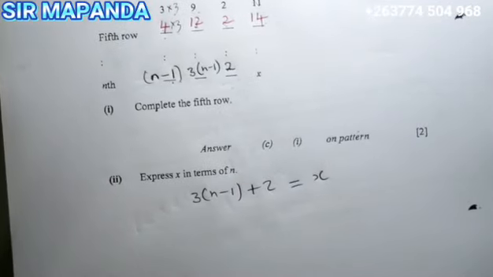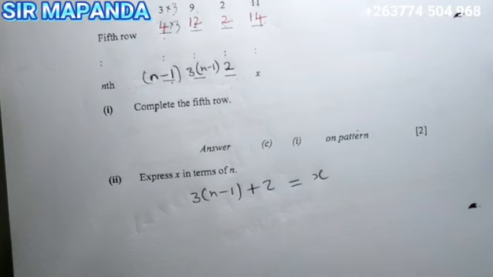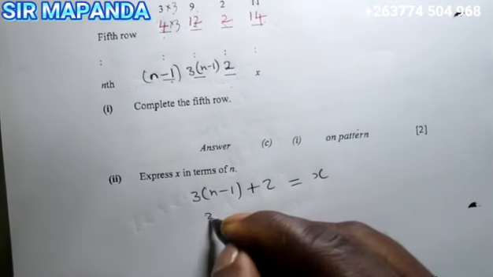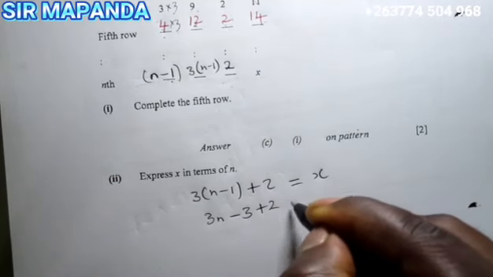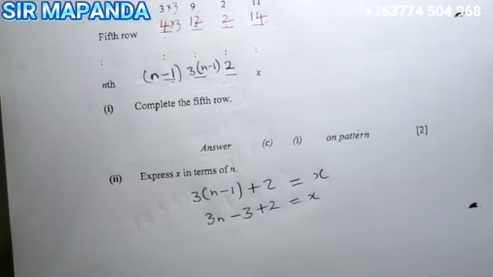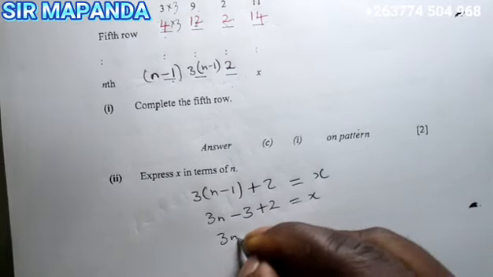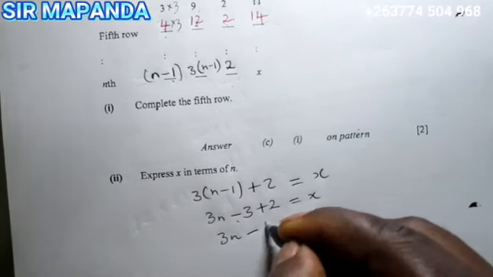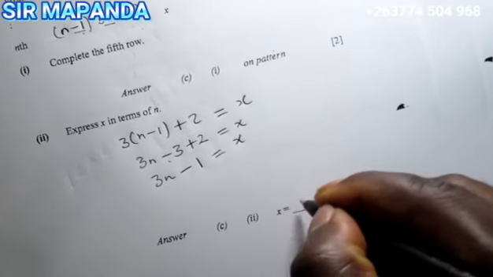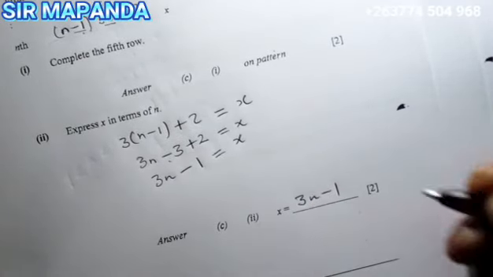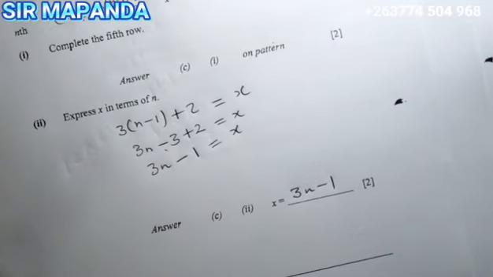I hope you are listening, class. So if you want to put this in its simplest form, you come out with 3n minus 3 plus 2 is equal to x, which is 3n minus 1 is equal to x. So your answer is 3n minus 1 in its simplest form. Then you are home and dry.